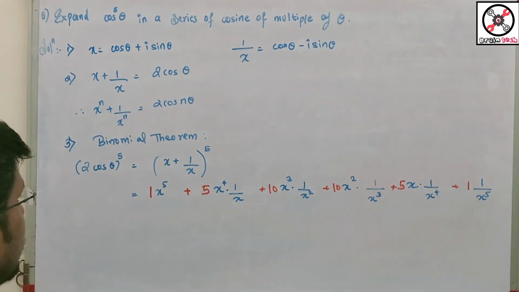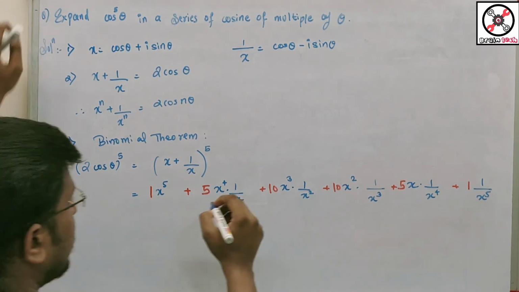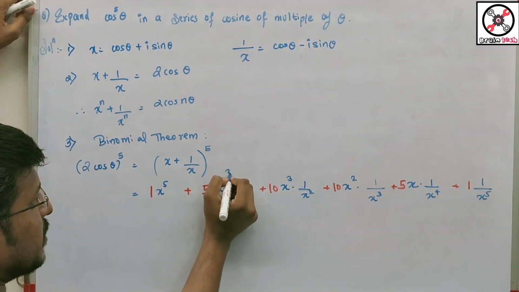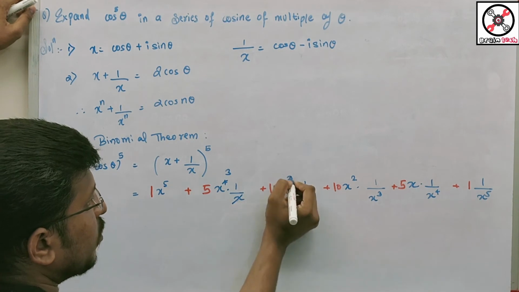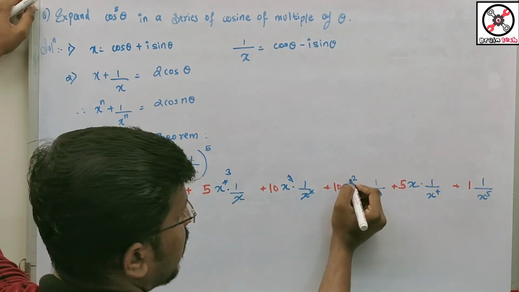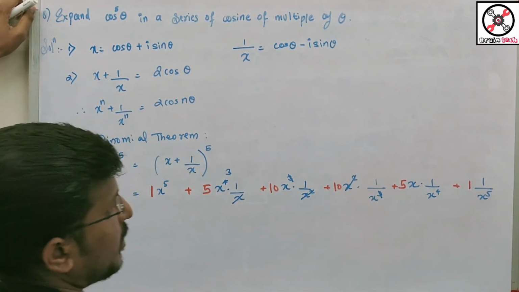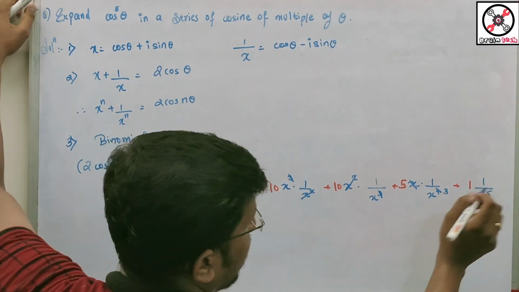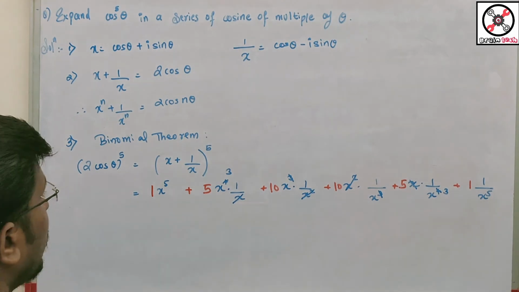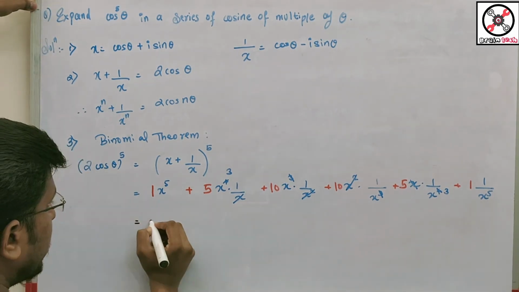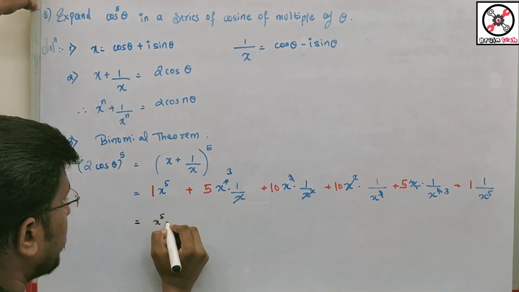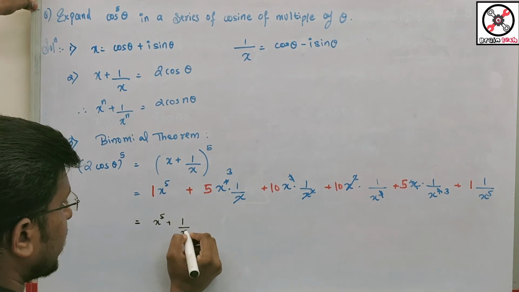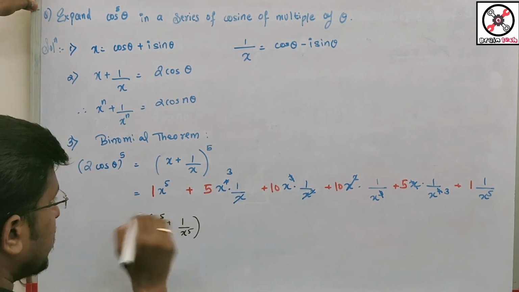Now if anything is getting cancelled, then we'll cancel it. Here the x goes and it will be x cube; here 2 will go and it will remain x; here 2 will go and it will remain 1 by x; here 1 will go and it will remain 1 by x cube; and here nothing. So I'll bring like terms together. Here it will be x raised to 5 plus 1 upon x raised to 5, which I have already written.